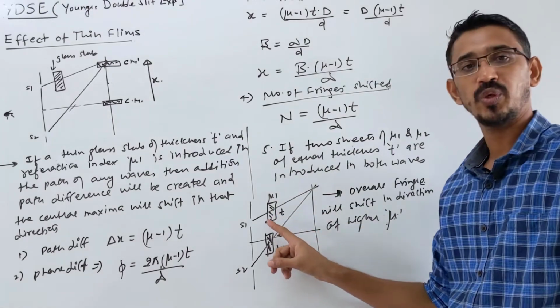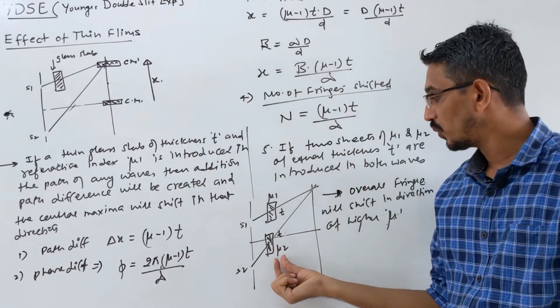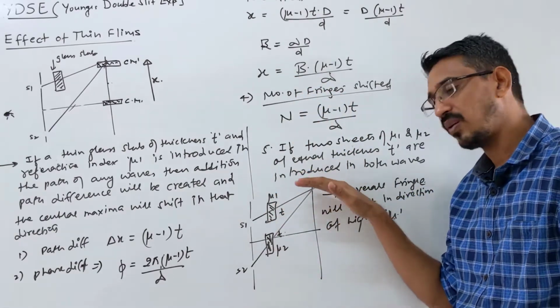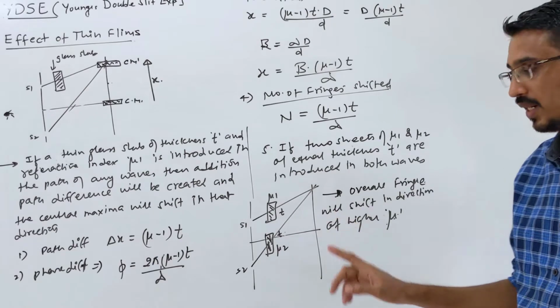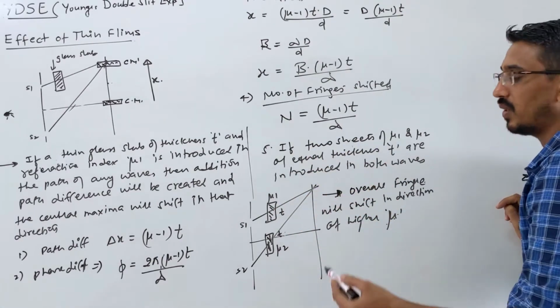Suppose this sheet has more, mu1 is greater than mu2, then this pattern will shift upward. But if mu2 is more than mu1, then this pattern will shift downward. So when both are introduced, the overall shift will be in the direction in which the mu is higher.